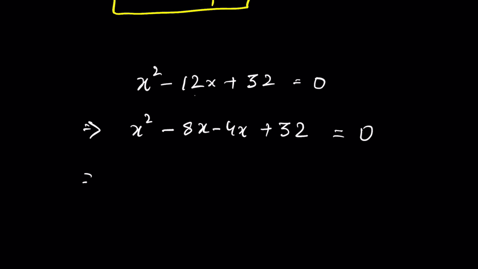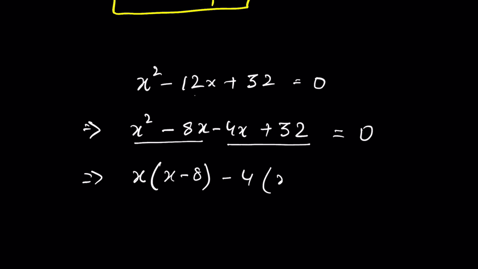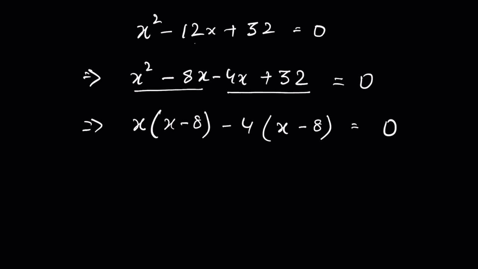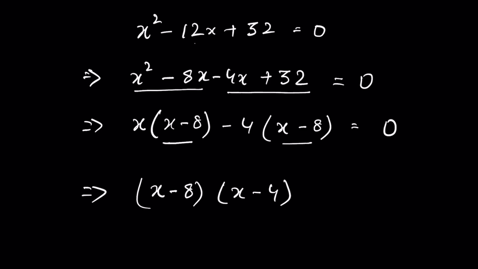Now we can take x common in these two terms, so write x, then x minus 8. Then in these two terms we can take minus 4 common and write x minus 8, because minus 4 times minus 8 will be plus 32. Now x minus 8 is the common factor, so we write x minus 8 and then x minus 4 is equal to 0.